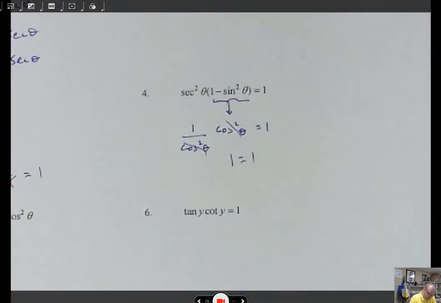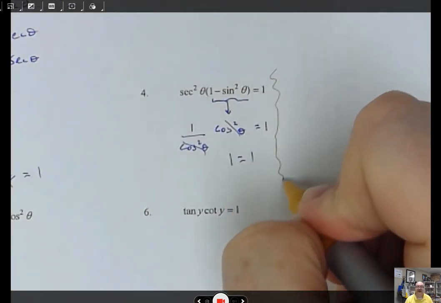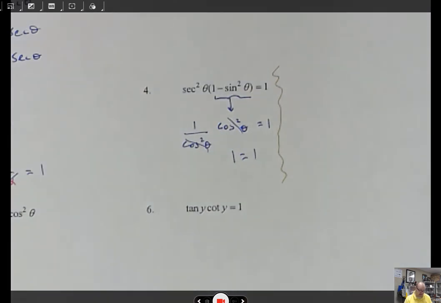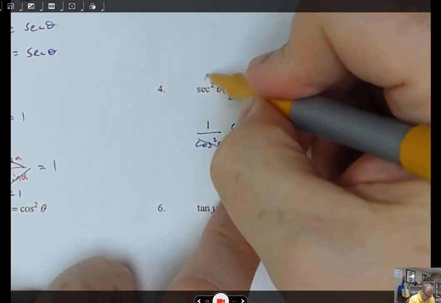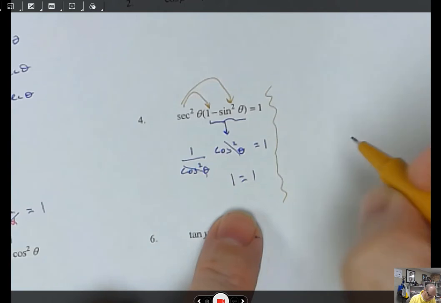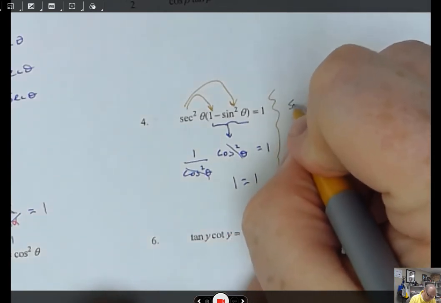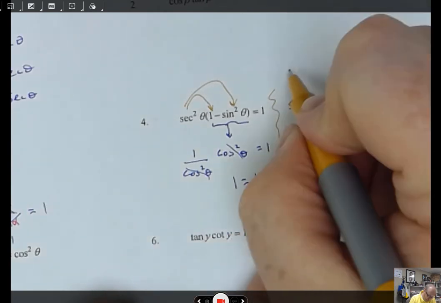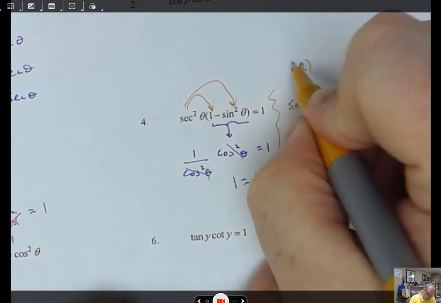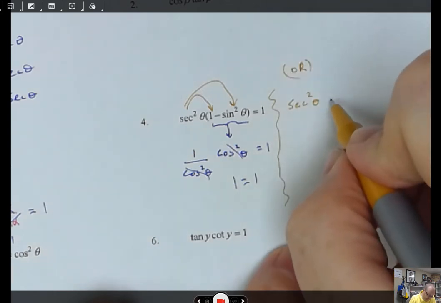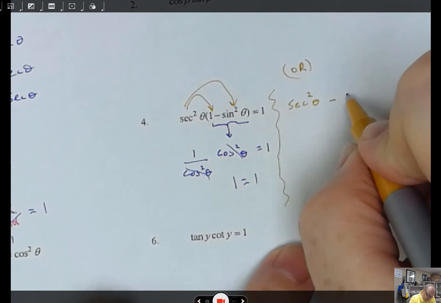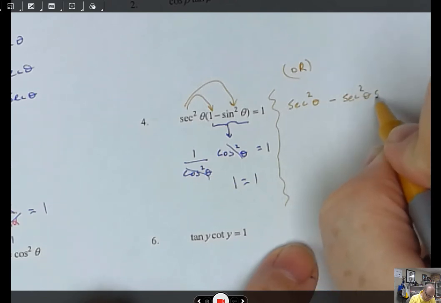It occurred to me there's a second good way to do that problem. So that's not going to be on the completed one that I posted, but it's on this video. Let's say that I did want to distribute everything. So secant squared times 1 is secant squared. And secant times sine is exactly that, secant squared times sine.